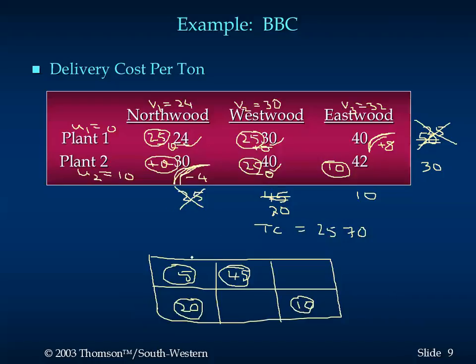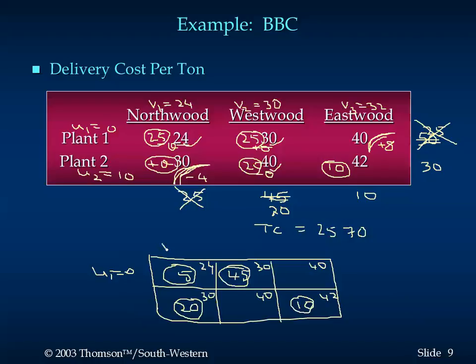And again, we do the UI and VJ. This is 24. This is 30. This is 30. And this is 40 and 42. Now this solution will be optimal. So U1 equals 0.